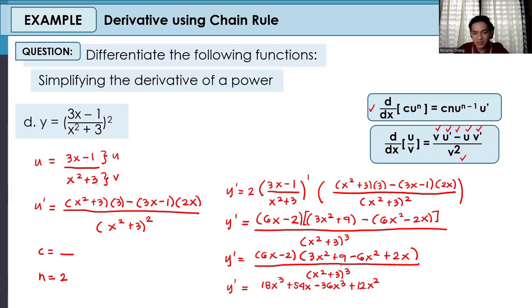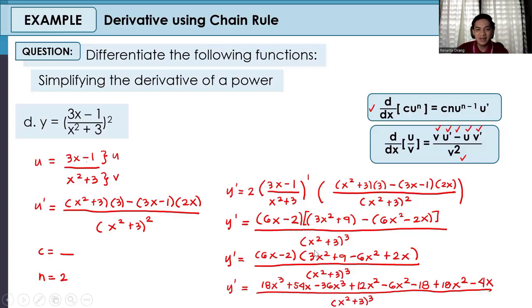Negative 2 times 3x squared is negative 6x squared. Negative 2 times 9 is negative 18. Negative 2 times negative 6x squared is positive 18x squared. And negative 2 times positive 2x is negative 4x. That is all divided by x squared plus 3 cubed.